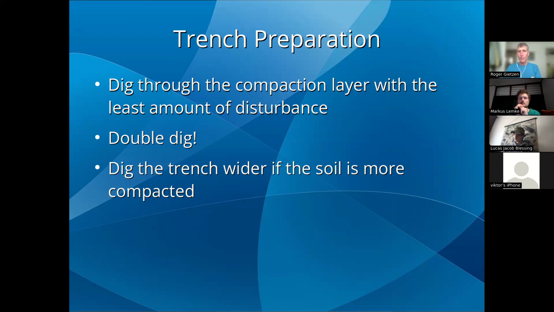If it's just people working with hoes, then it's usually not much deeper than they're digging, and it's a thin layer. If they're using a cow with a plow, it's a little deeper and a little bit thicker. If they have tractors and bigger implements, then it's going deeper and the compaction layer is thicker.